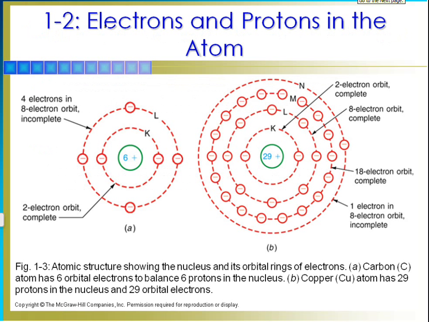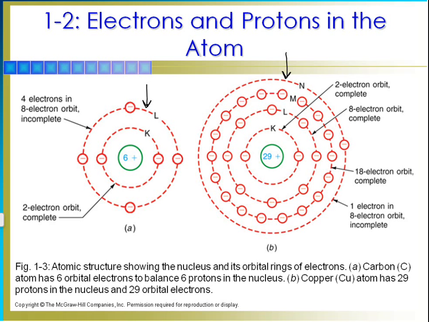Okay, so in a perfect world, what we have here is a carbon atom and a copper atom. They have an atomic number of 6 and 29 respectively.